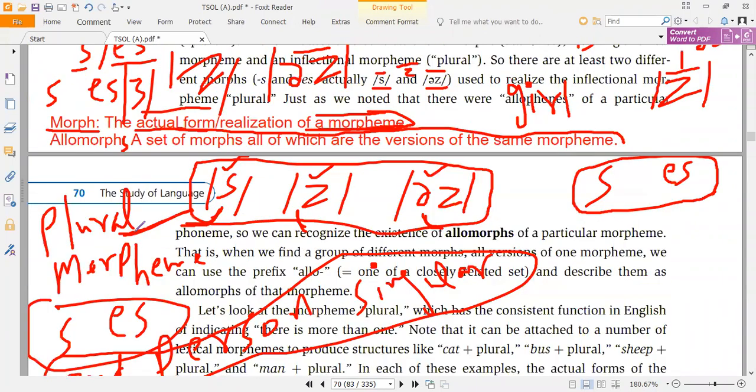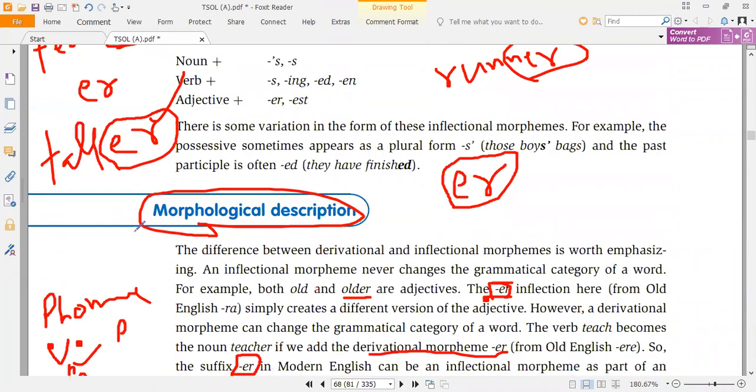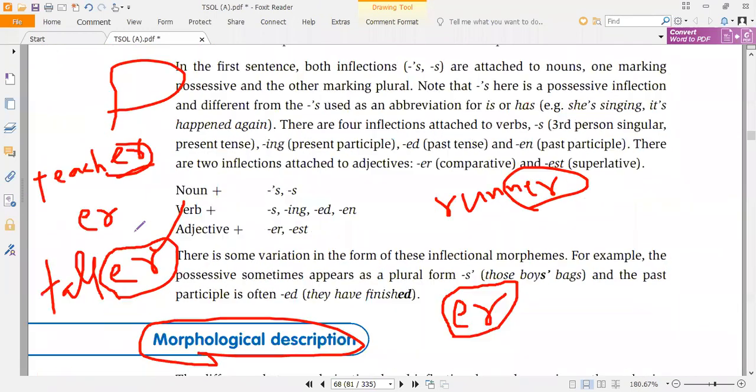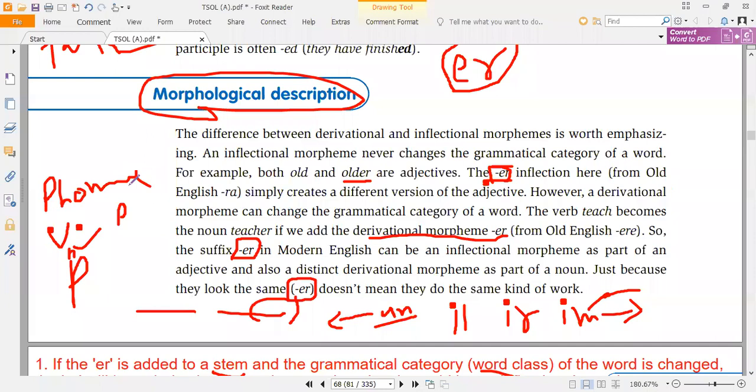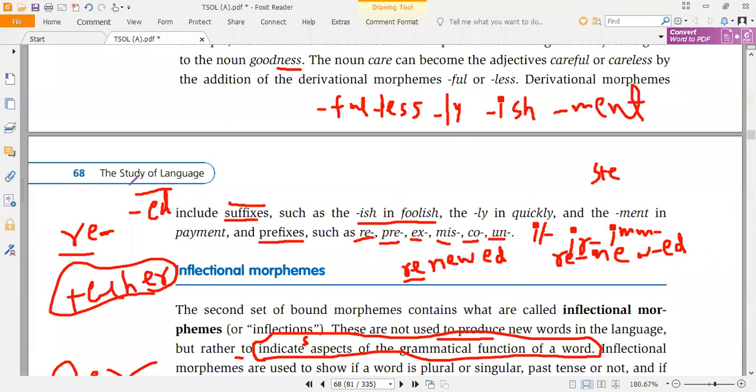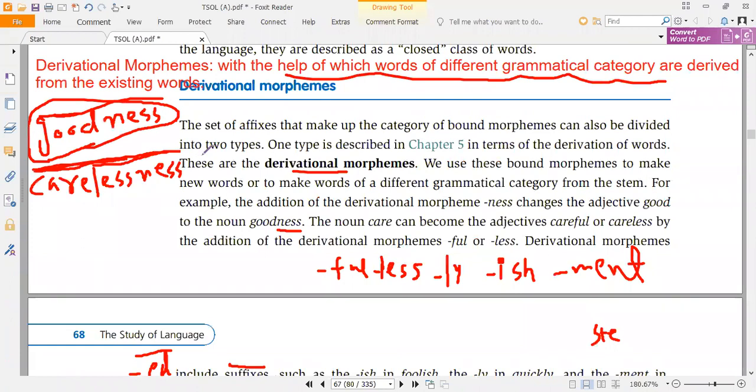Now coming to zero marks, the very last point. Sorry, I forgot that. When there is a morpheme present, but we do not have any morph to represent that morpheme. For example, sheep: there are three sheep in the garden, or there are 100 fish in the pond.